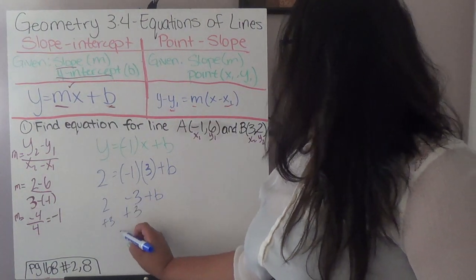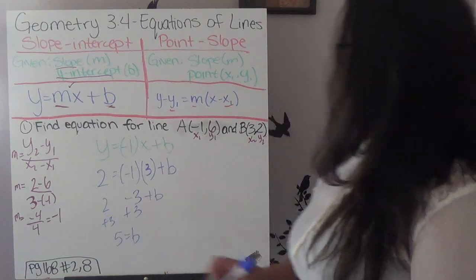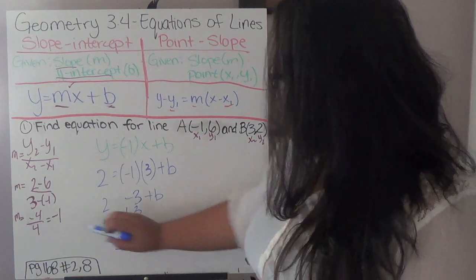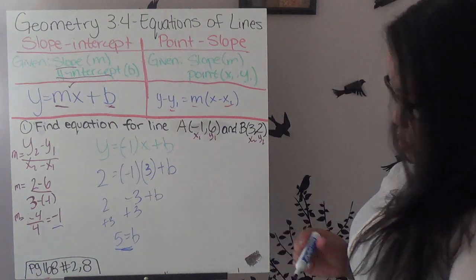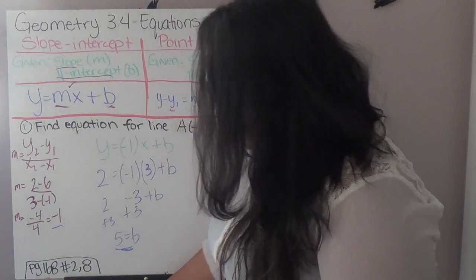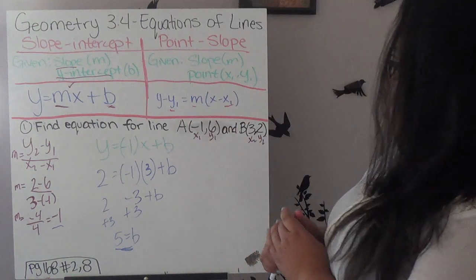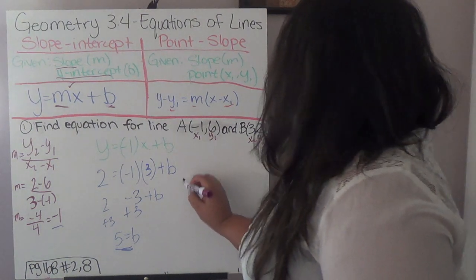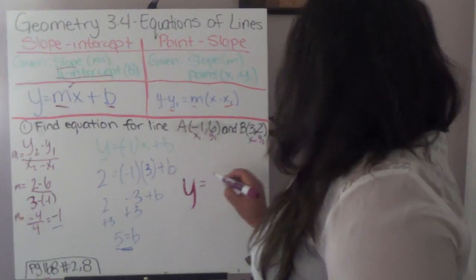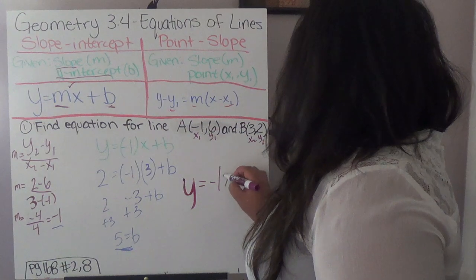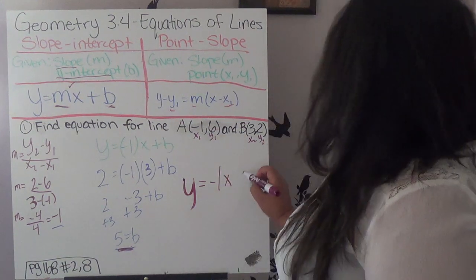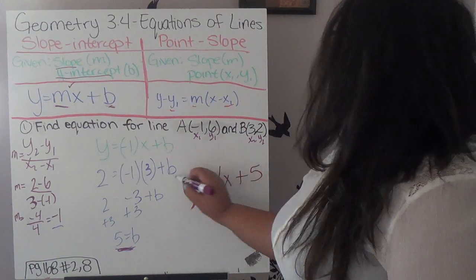So 2 plus 3 is 5, equals b. So I have my b and I have my m. My final answer, when I plug my two main variables in, is y equals -1x plus 5.